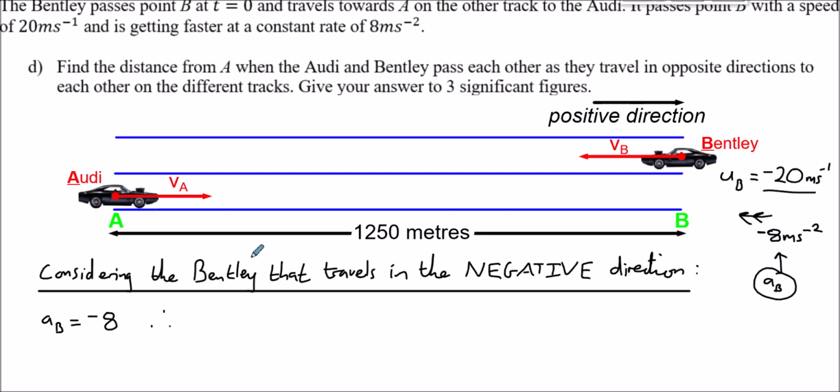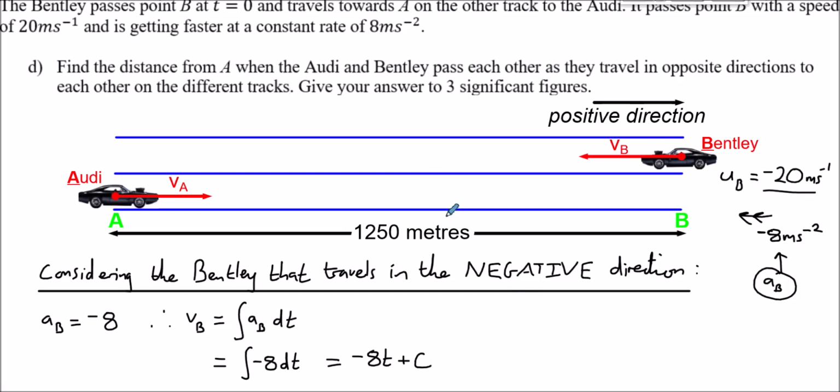Therefore, just remembering what we talked about before, we can calculate the velocity of the Bentley by integrating its acceleration with respect to time. So we need to integrate minus 8, which is just a constant, with respect to time, and we get here minus 8t plus c.